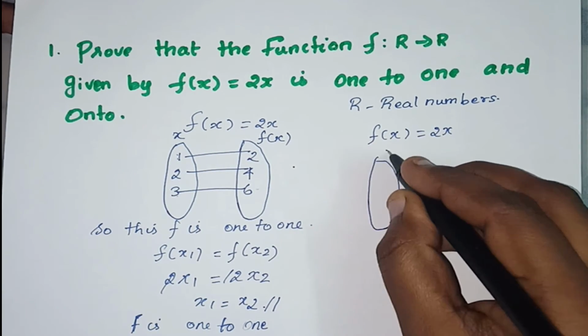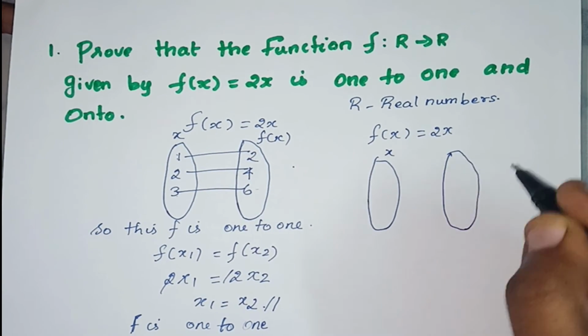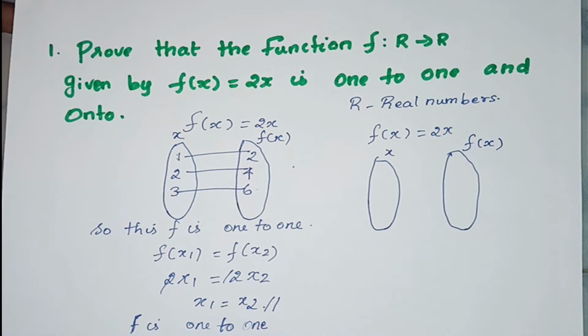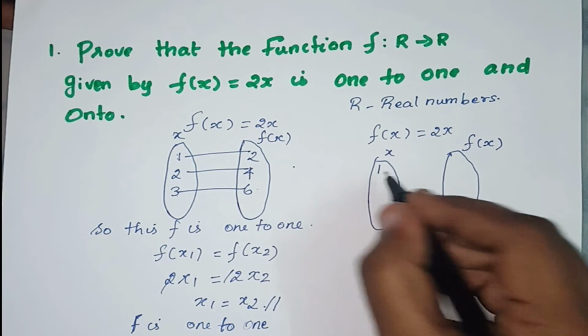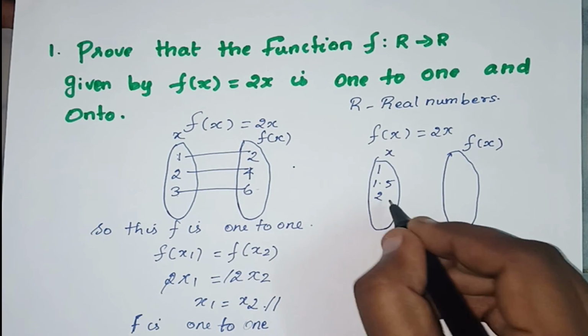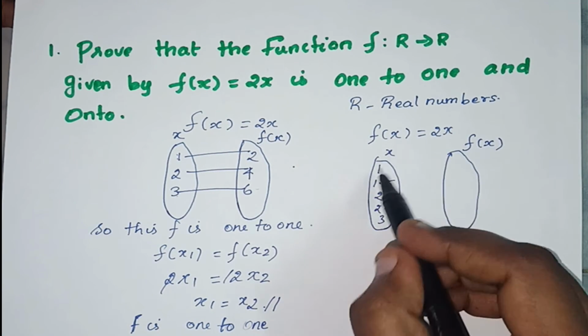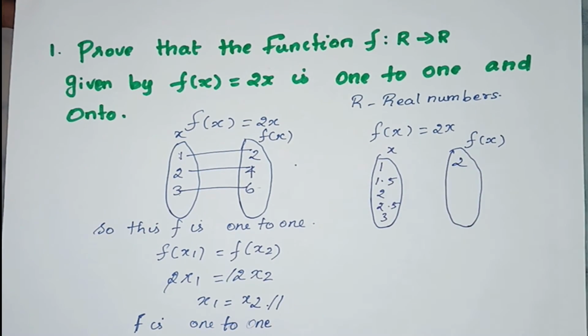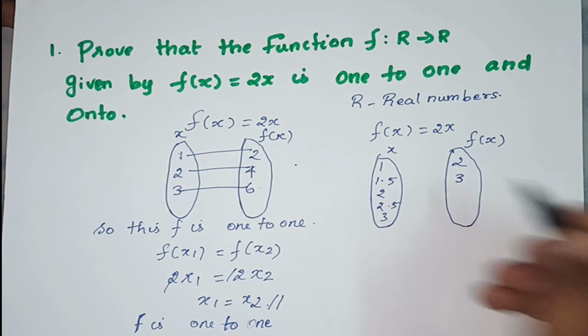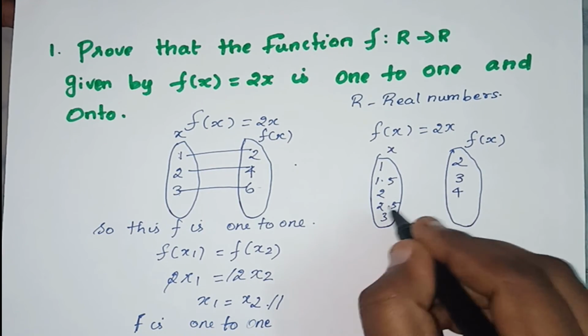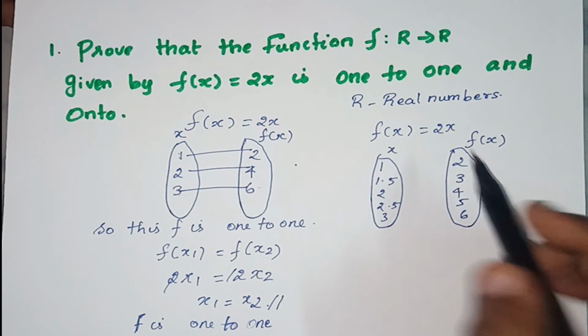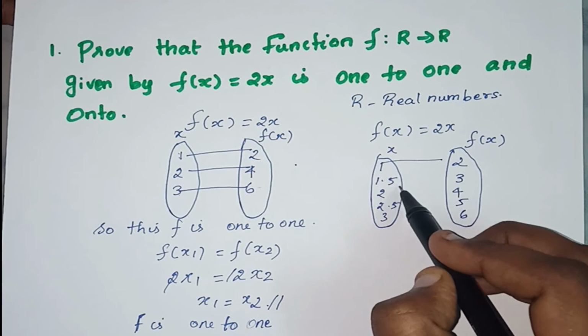So if I take x, this is f of x. So x could be 1, 1.5, 2, 2.5, 3. So f of x equal to 2x means 1 into 2 is 2, 1.5 into 2 is 3, 4, 5, 6. So these are the real numbers. So this is mapping with this.